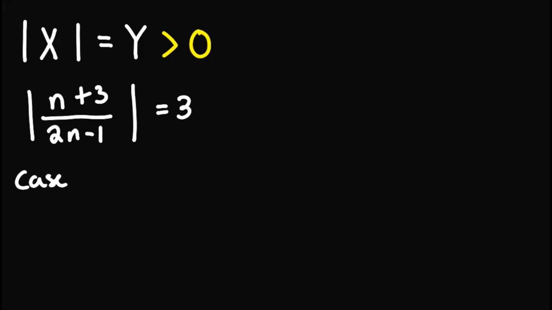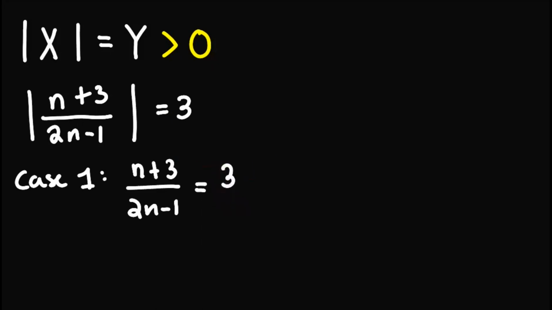For case 1, we've got n plus 3 over 2n minus 1 is equal to 3. Observe that this one now is a rational equation, so we can apply some tricks that we know in rational equations. Particularly, we'll apply the cross multiplication method.